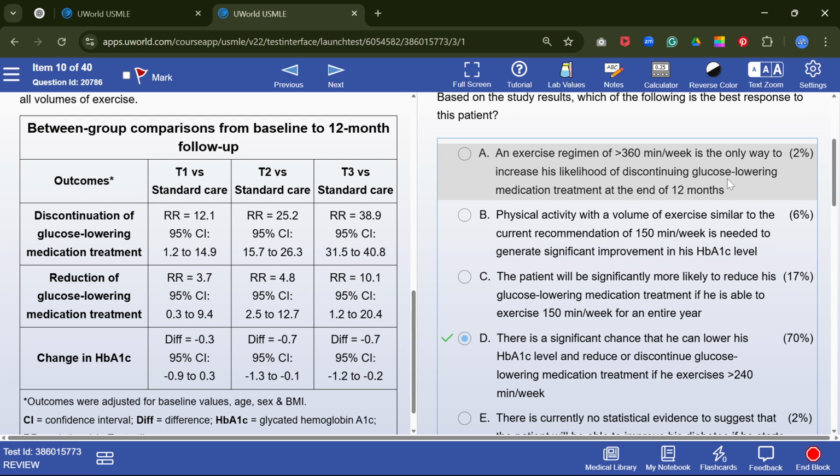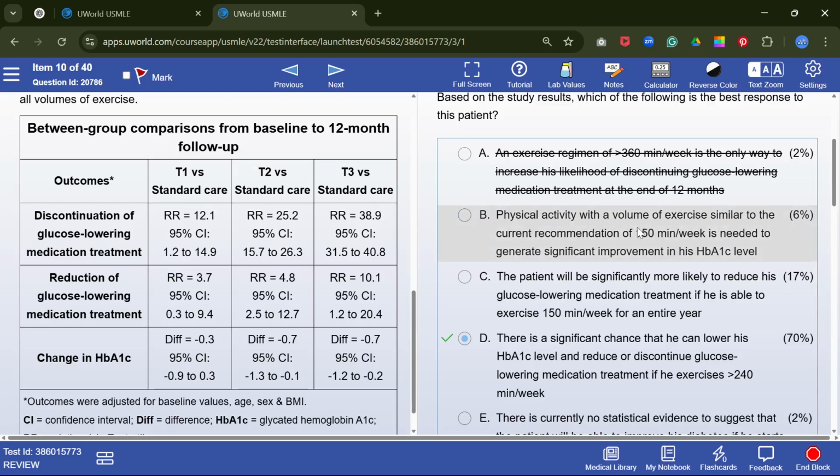So an exercise regimen of more than 360 per minute is the only way to increase the likelihood. So not the only way. Exactly, okay, got it. So that's why not only.